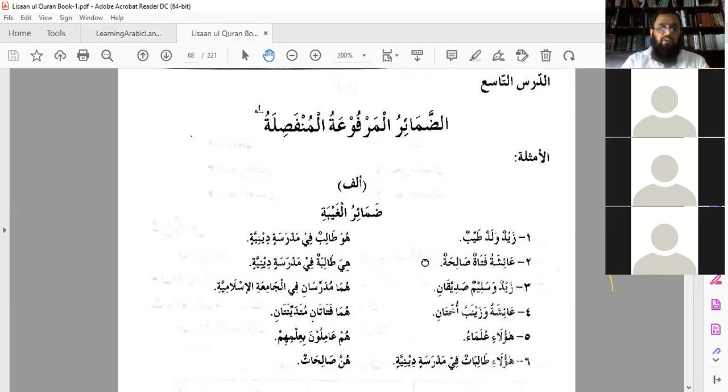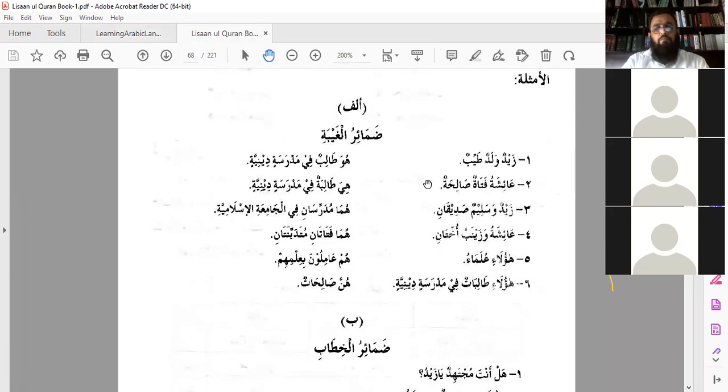Say for example, the first sentence: Zaidun waladun tayyibun. First of all we focus on Zaid, and in the second sentence we are expressing more about Zaid.